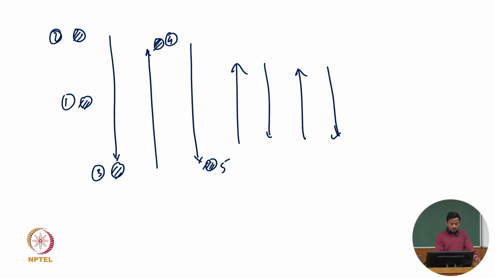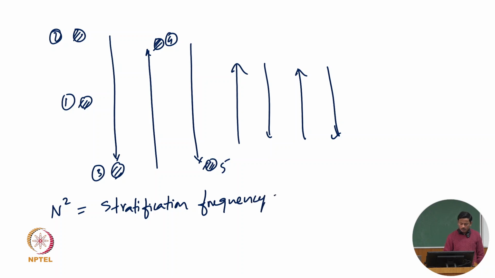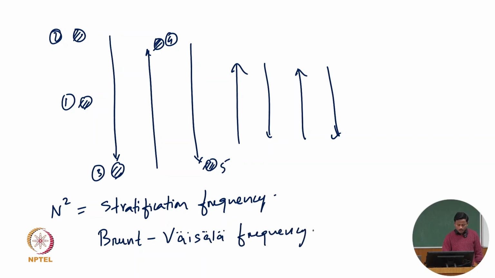This quantity that we have defined is called the stratification frequency, or more commonly the Brunt-Väisälä frequency, named after two scientists, David Brunt and Vilho Väisälä.